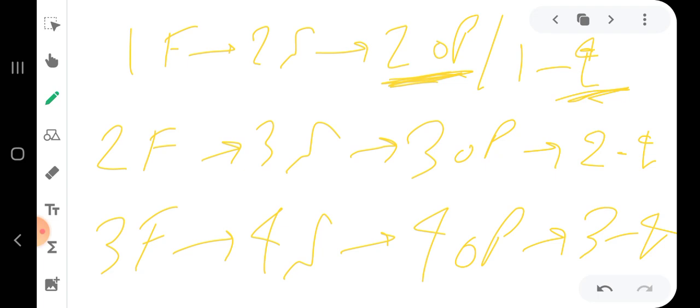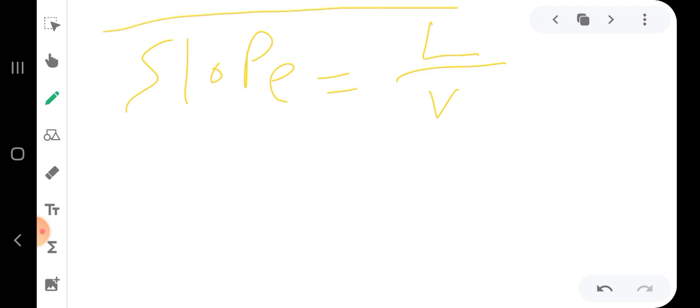Okay, and remember the equation for the top section or for the bottom section. The equation either for the top section or the bottom section, remember the slope was L over V. The slope was L over V, right? So this is the slope.